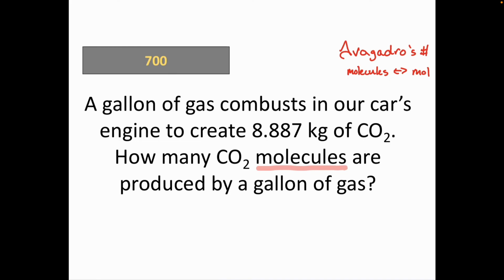So now thinking about moles, and I have moles and mass in the same problem, then I'm thinking molar mass. And molar mass allows me to convert between grams and moles. But I don't have grams, I have kilograms. So I'm going to have to do one more metric prefix conversion to get from kilograms to grams.